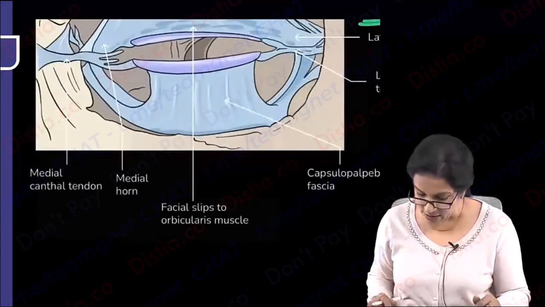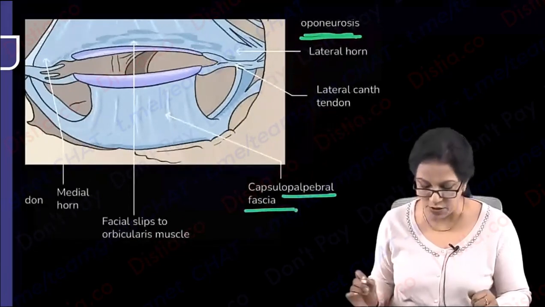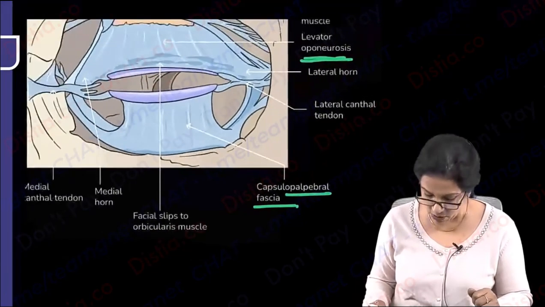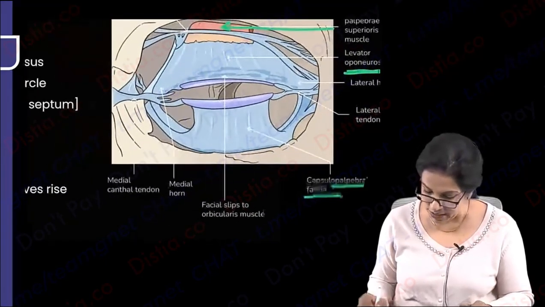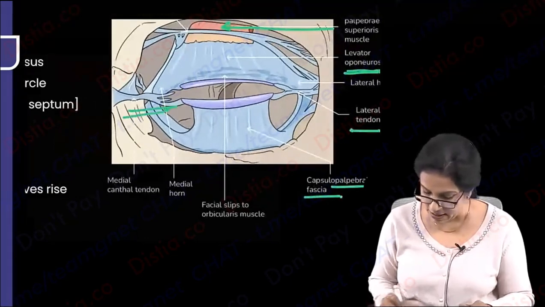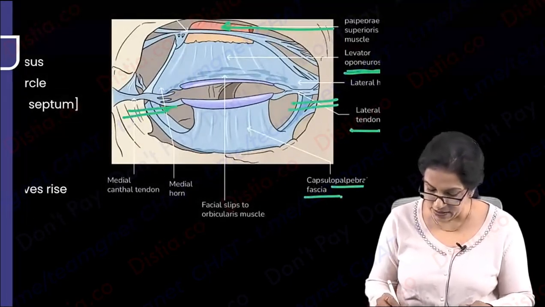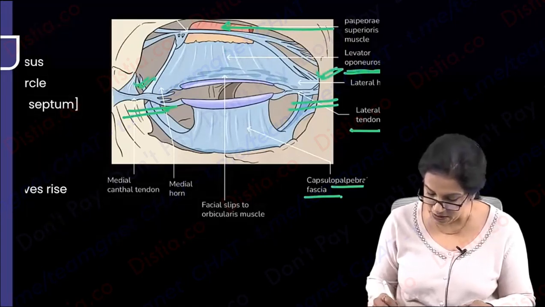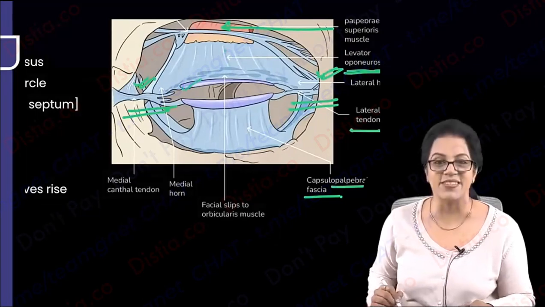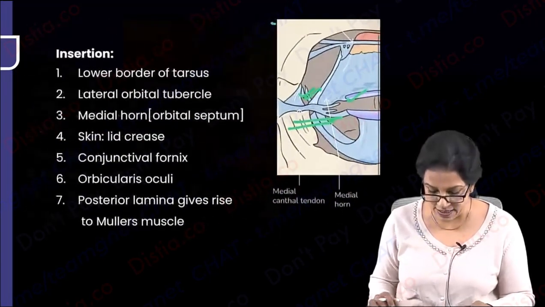Lower, it is also showing you the CPF, that is capsulopalpebral fascia, which is the lower lid retractors. Right? So these are the two tendons they are showing, lateral and medial canthal. So this aponeurosis is attached at the two canthi also, to the skin also, and to the lower border of the tarsus also.